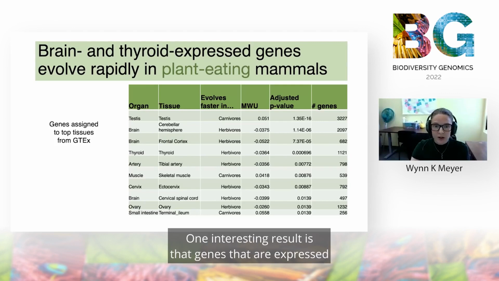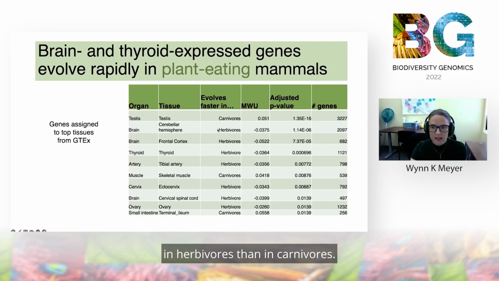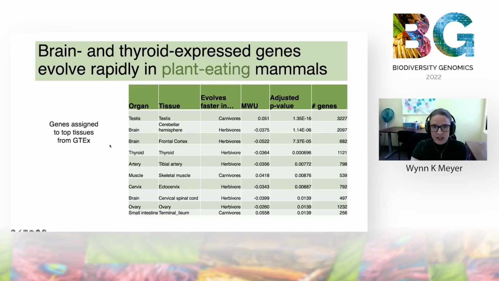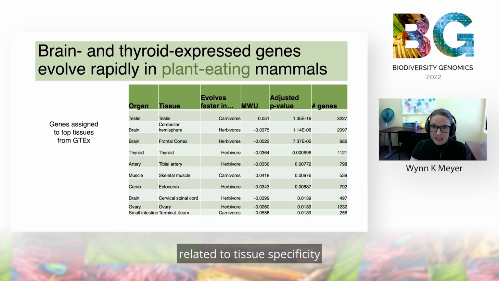One interesting result is that genes that are expressed in the brain and the thyroid tend to evolve more rapidly in herbivores than in carnivores. And there are a number of other potentially interesting results related to tissue specificity within our overall patterns of relative rates in these genes.